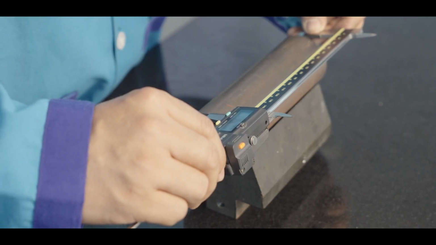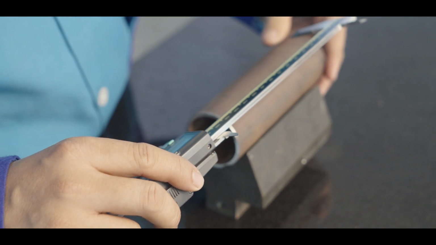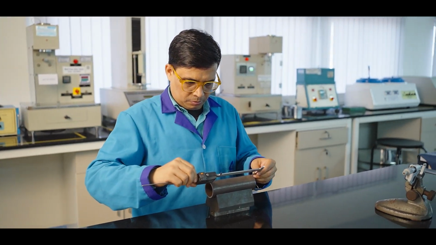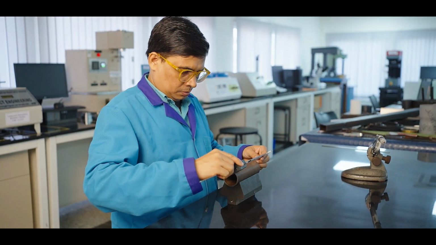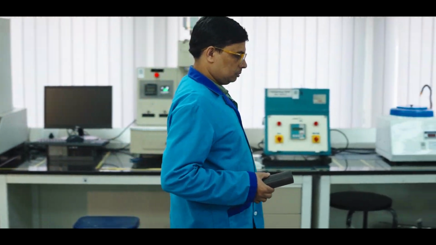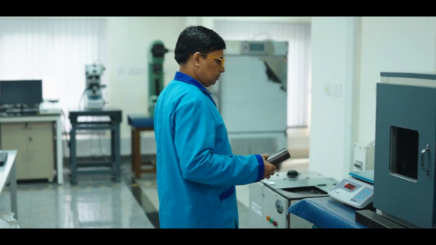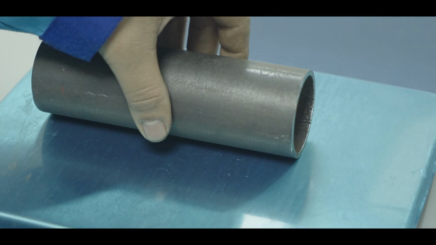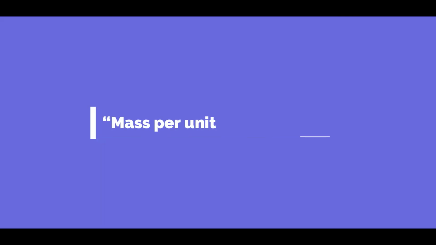To calculate the mass per unit length, measure the length using a vernier caliper or steel scale. Determine the mass using a weighing balance. Calculate the mass per unit length by dividing the measured mass by the measured length.